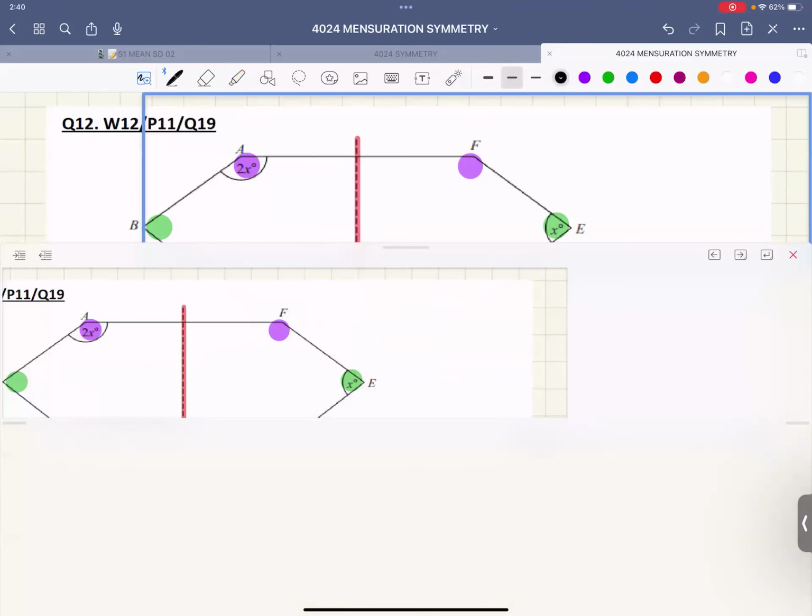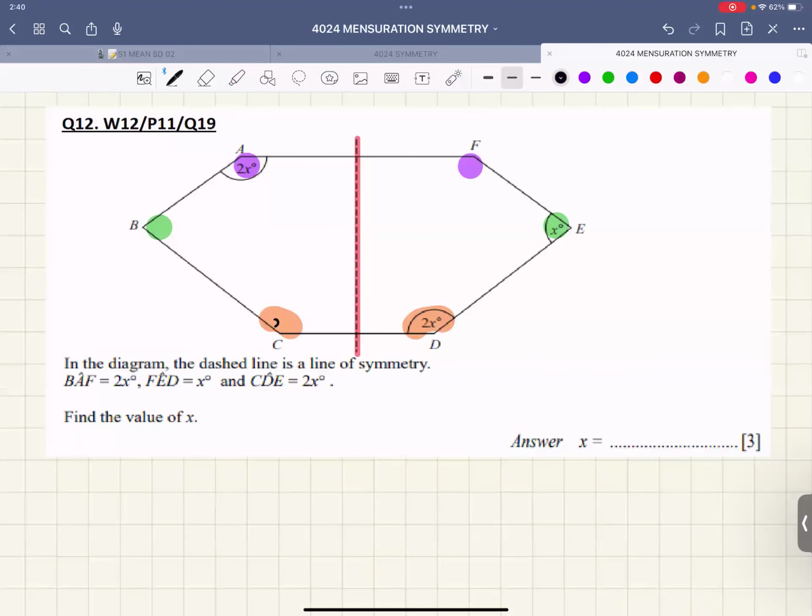So let me just focus on this. So this is 2x. That goes like this. This is x degrees. This is 2x degrees. That goes like this, 2x degrees. So therefore, how many are there? 2x plus x, 3x plus 2x, 5x.